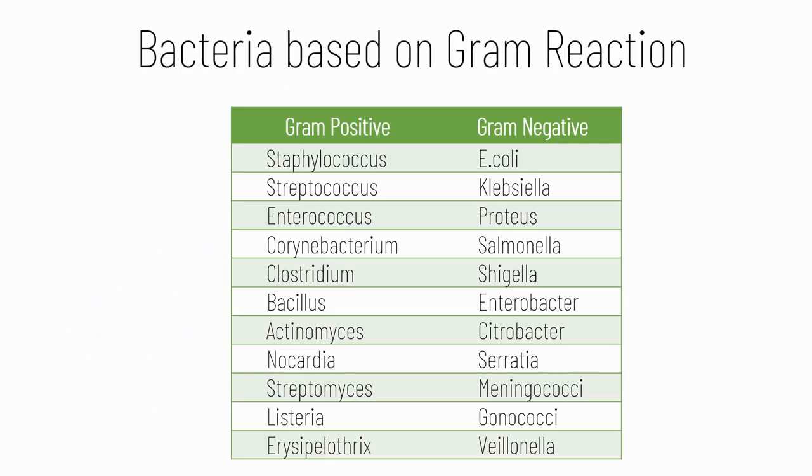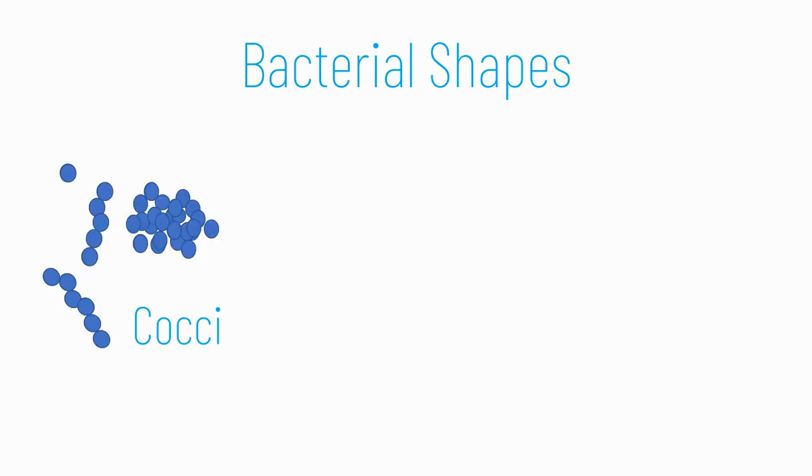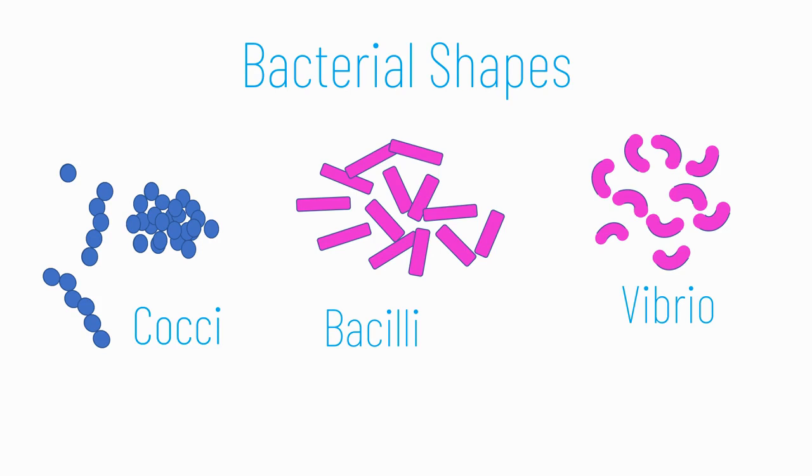In this slide, you can see that we have divided the common pathogenic bacteria based on the gram reaction into gram-positive and gram-negative. We can also use gram staining to identify various shapes of bacteria such as cocci, bacilli, vibrio, and spiral.